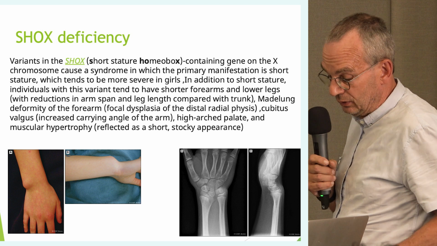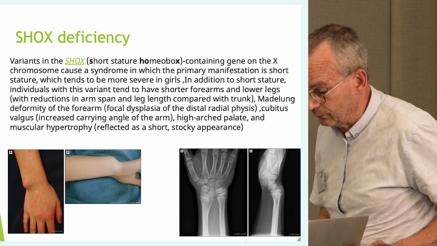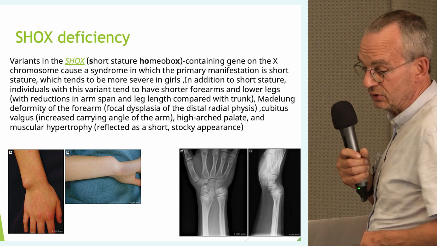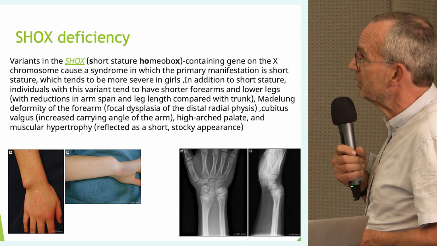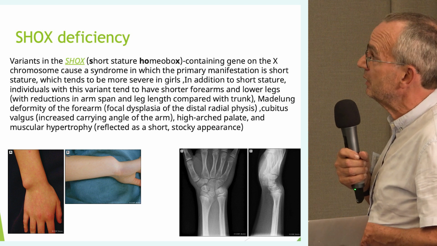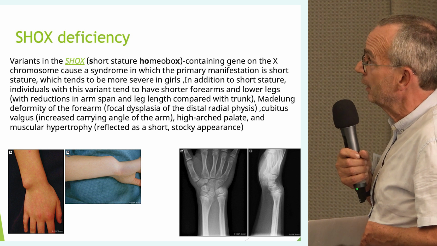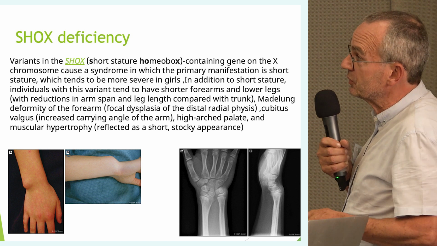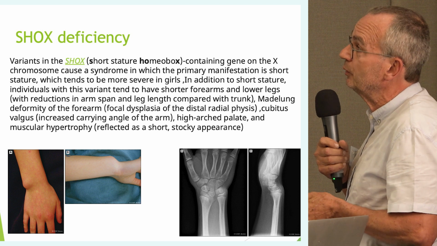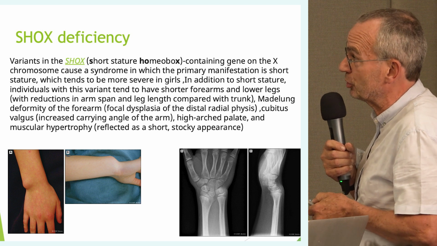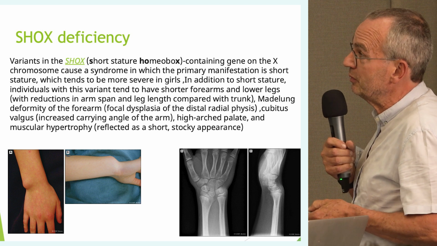Another indication are patients with SHOX deficiency. This is the last indication we will discuss, and SHOX is a very special gene. It's located on the X chromosome, and it causes a syndrome in which the primary manifestation is short stature, but more severe in girls.